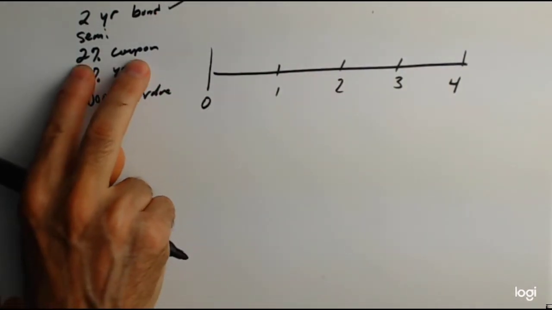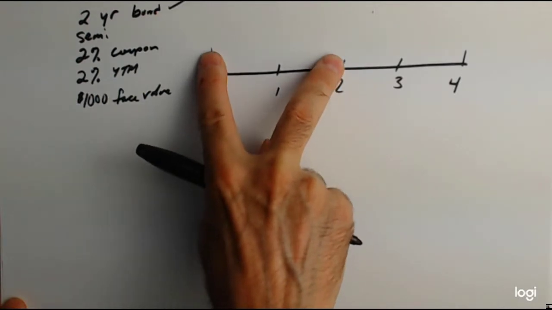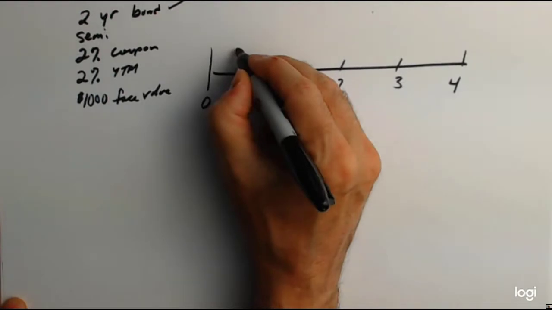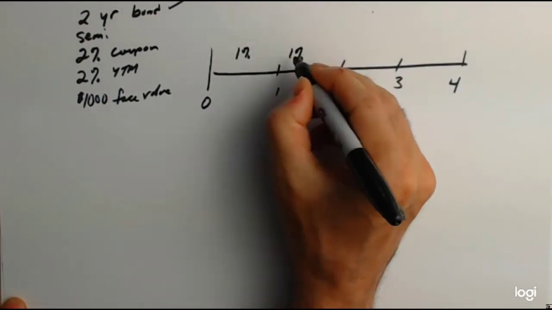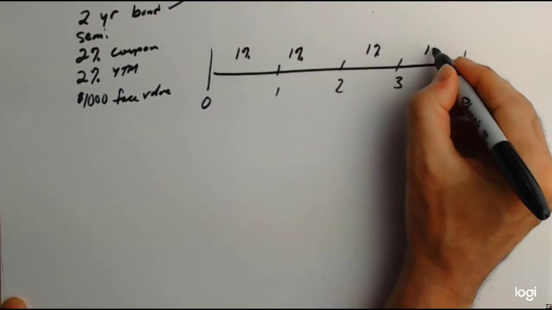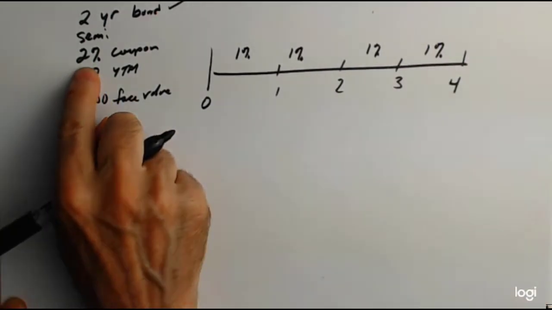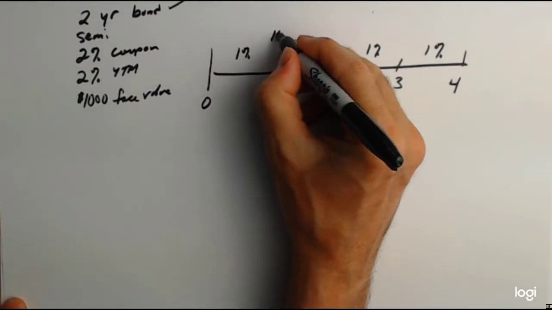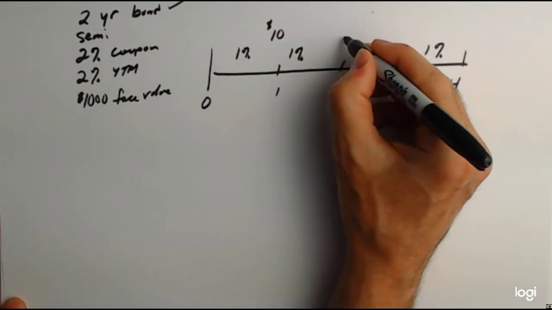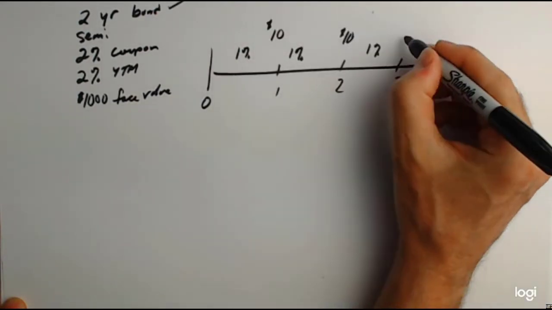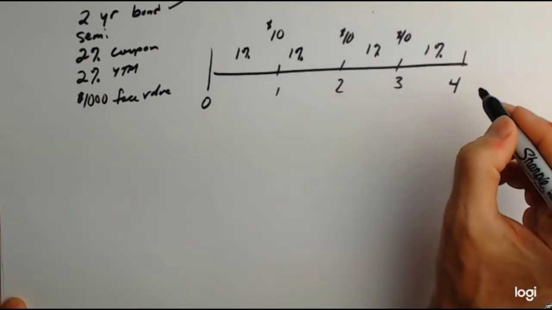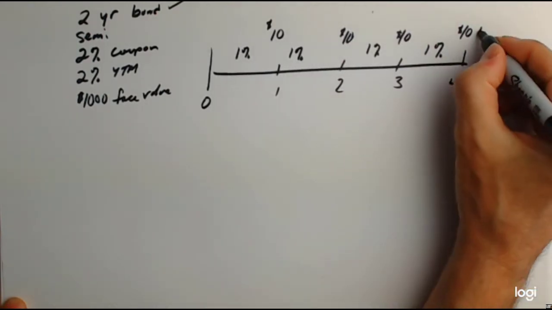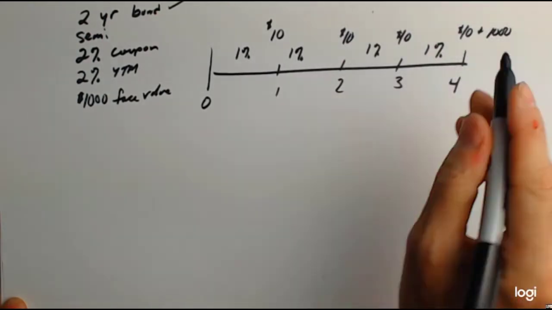So the 2% coupon means it's going to pay 2% over this entire year, 2 6-month periods, which means it's going to pay 1% here, 1% here, 1% here, and 1% here. And so 2% of $1,000 is $20 for a year, which means it's going to be $10 cash flow here, $10 here, $10 here, and $10 here, and these are coupons. Plus, when the bond matures, you'll get your $1,000 back.